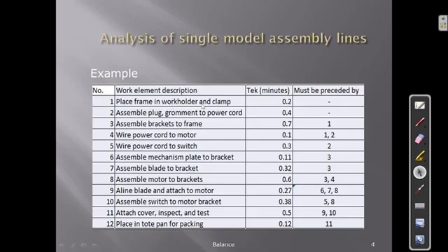So these work elements have no predecessor and should be started first. Likewise, we draw the predecessor diagram. This is 1 and 2. Element 1 takes 0.2 minutes and element 2 takes 0.4 minutes.